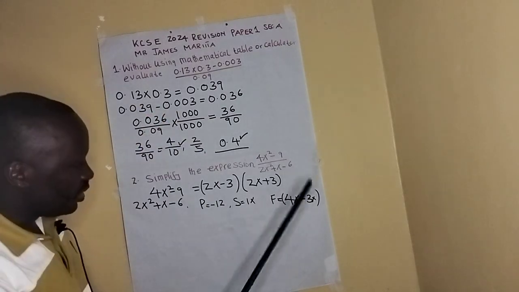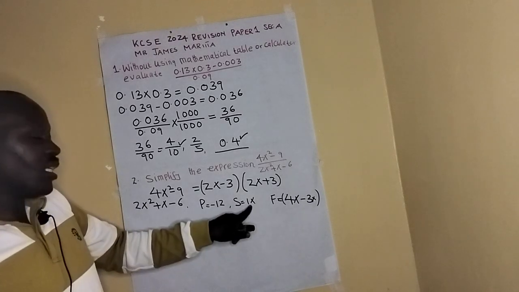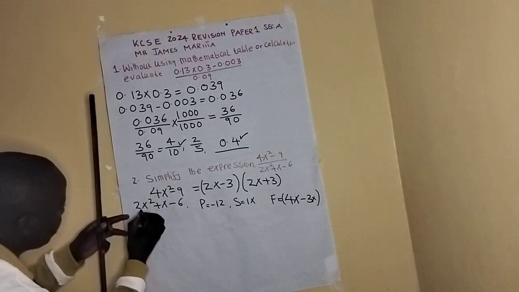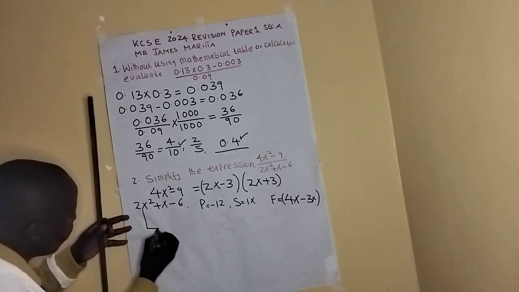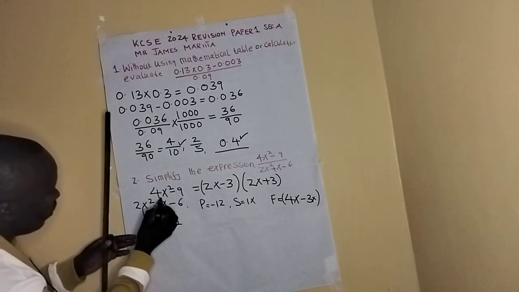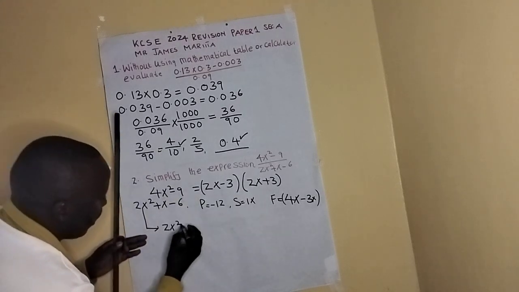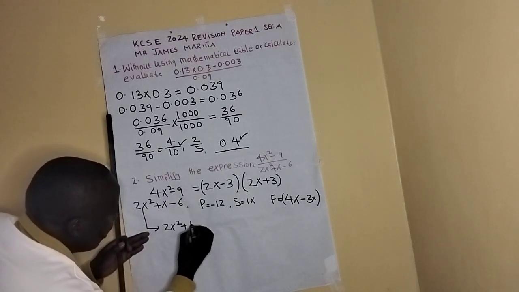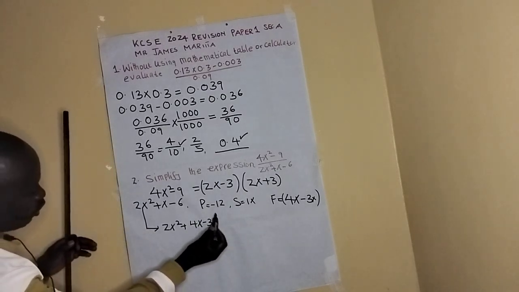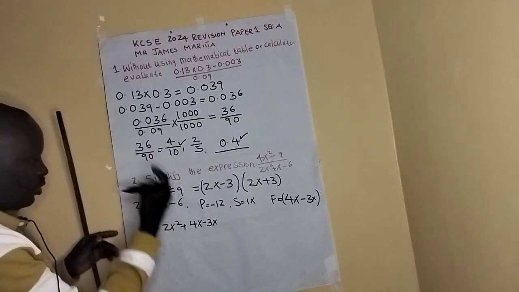Then the sum, 4x plus negative 3x, is 1x. So the whole of this one now is equal to 2x squared. Instead of writing 1x here, we replace it by the sum, which is 4x minus 3x.